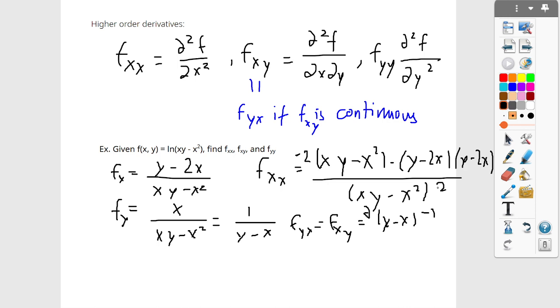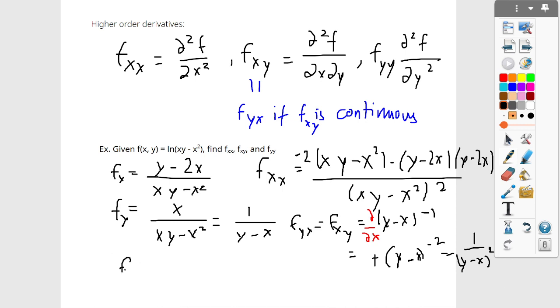I'm going to use the notation of delta, so delta x of y minus x to the negative first power is equal to negative y minus x to the negative second power, and then multiply by the derivative of the inside with respect to x, which is negative 1. So that's just positive y minus x to the negative second power, which is equal to 1 over y minus x squared. So that's f sub yx.